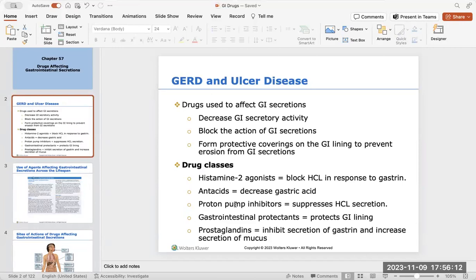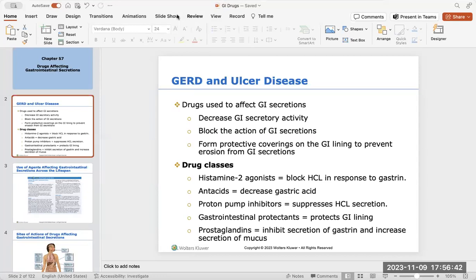Now, I made a little summary here, which was not in the slides originally, of what each of these classes of drugs do. So we have histamine 2 agonists, which block hydrochloric acid in the stomach. Okay, it blocks that, which means it helps slow down or remove some of those GI secretions and helps prevent ulceration. Then we have antacids, which decrease gastric acid.